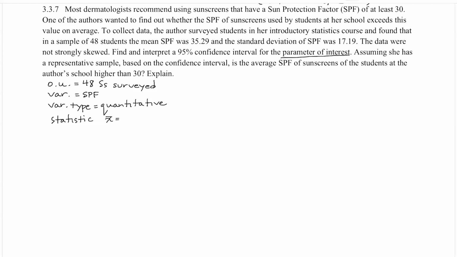So the statistic that we're going to be interested in is x-bar when our variable is quantitative. In this case, we're told that is the sample average, 35.29 SPF. We also have the sample standard deviation s is 17.19, and the sample size n is 48.